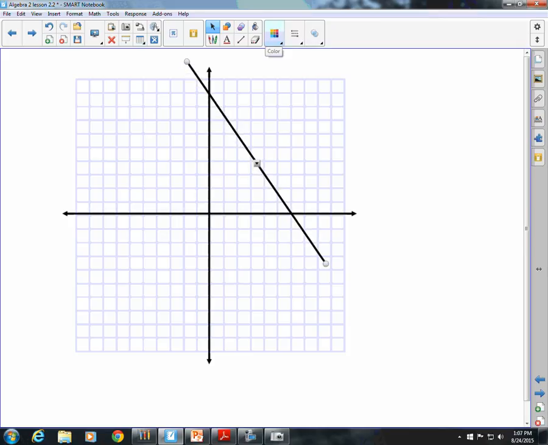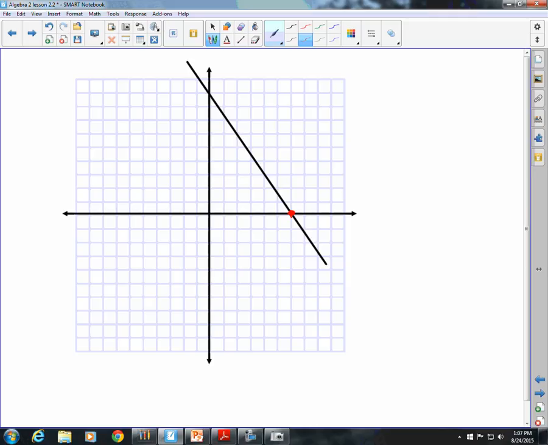it crosses the y-axis. Those are called your intercepts. All right? This one crosses the x-axis right here. That is your x-intercept. What's the coordinates for that point? 6, 0. Okay.